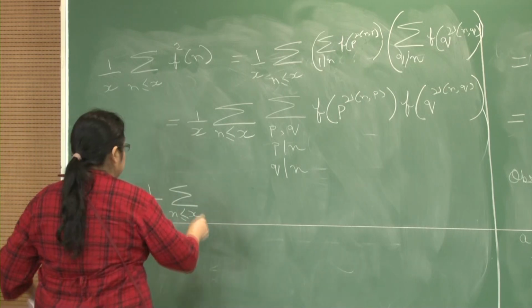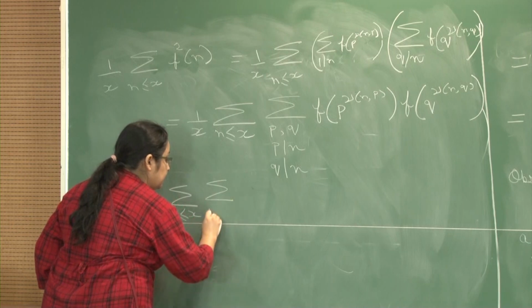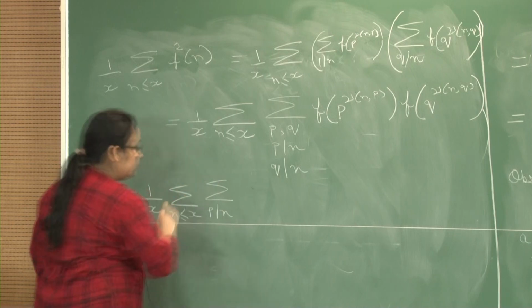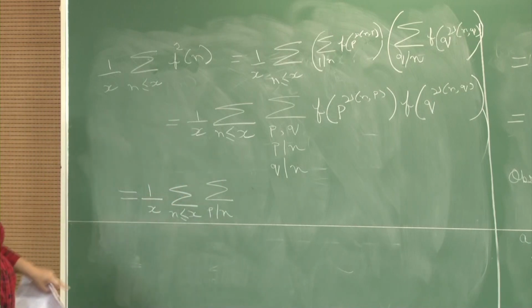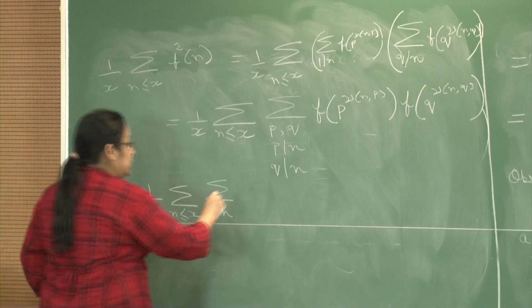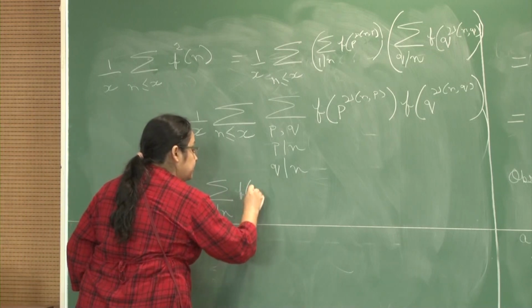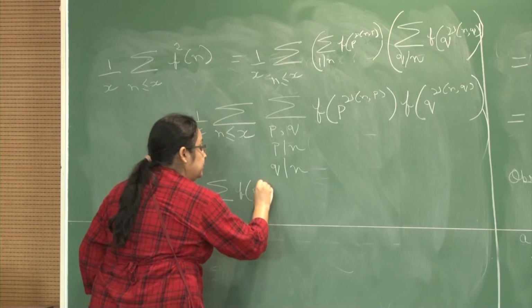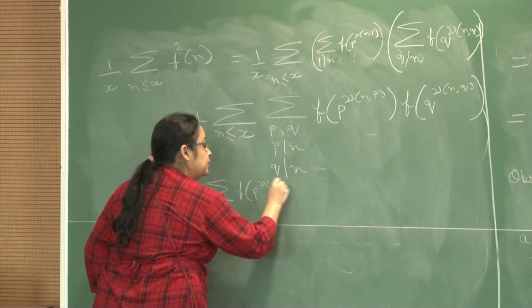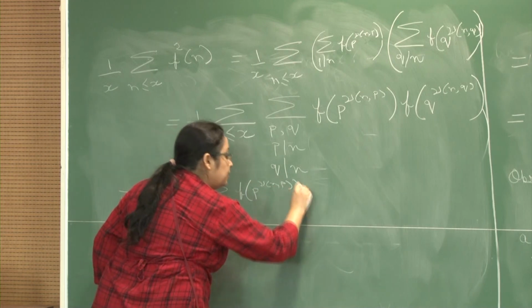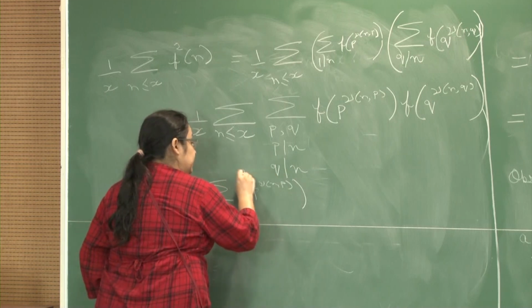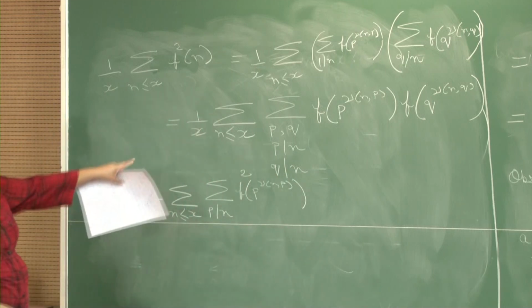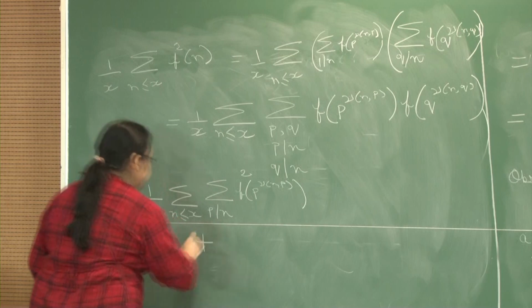Okay. So, sum over all the prime divisors of n, and the square of f of p raised to the mu of n comma p, whole square.